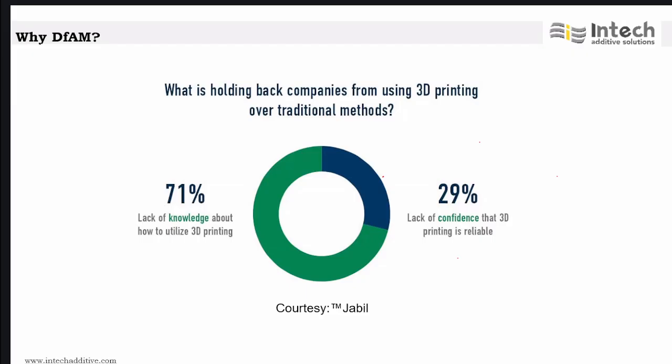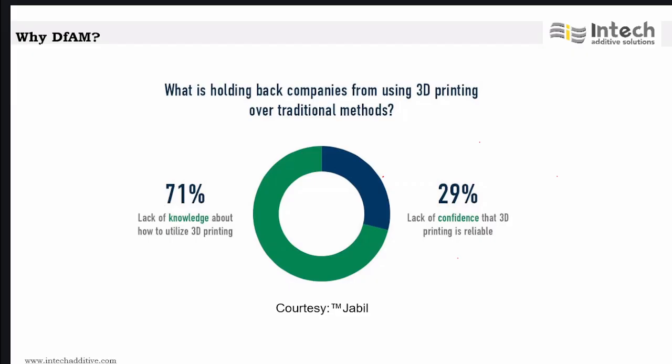And 29% is about lack of confidence. Some might have heard about failures, like this technology is not able to come up with a surface finish, or a demanded finish cannot be attained. The material properties are not matching with the conventional methods.